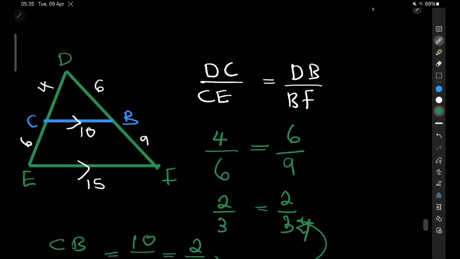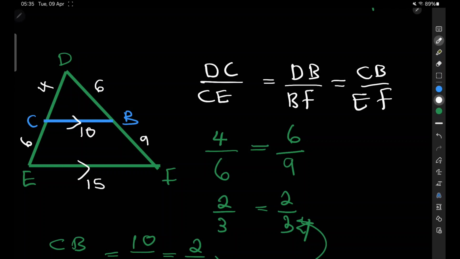Okay, so now we can conclude that with this proportion theorem, CB, which is the line parallel to EF, will also have the same ratio as the other sides. CB over EF will also have the same ratios as the other sides.